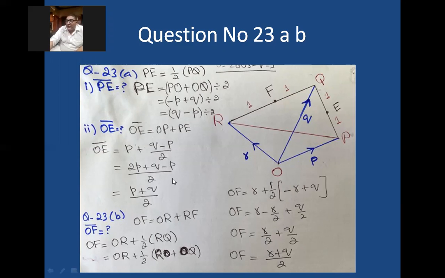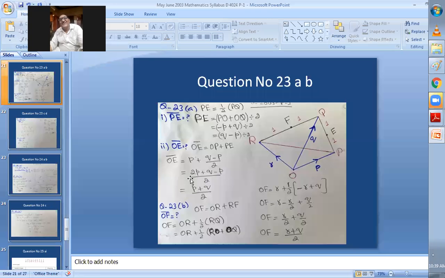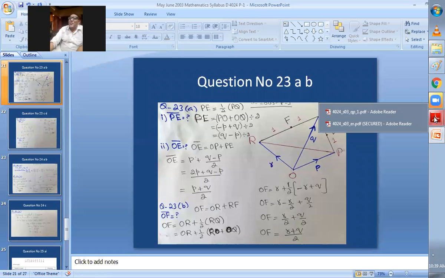If you want to find RF, that will be half of RQ, so 1 by 2 of RQ, which is (q minus r) divided by 2. Once you know the value of RF, then I can find the value of OF: O to R, R to F. Hopefully you are able to understand this.